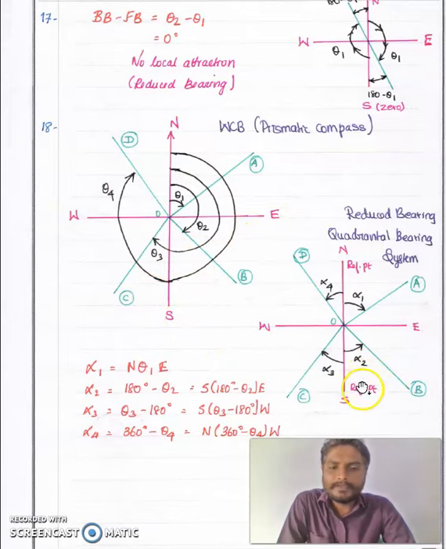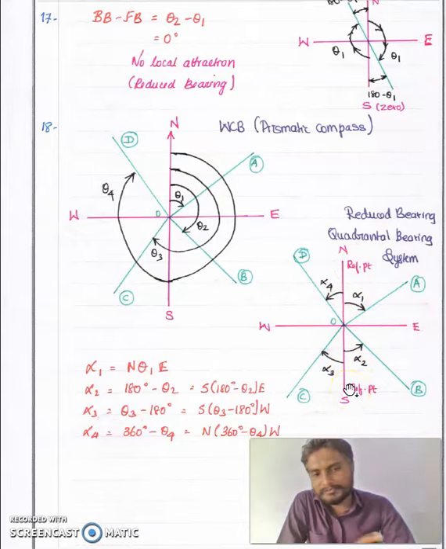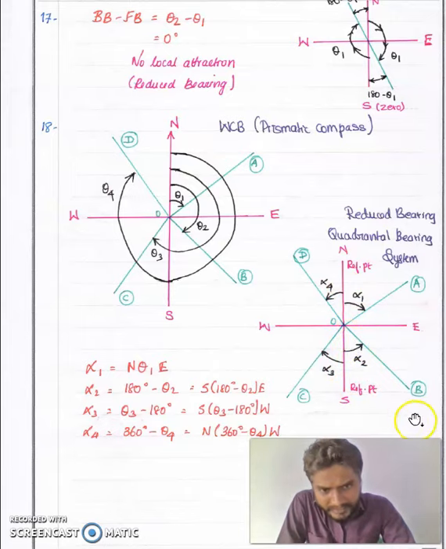Hence, we have to consider south as the reference. As per the quadrantal bearing system, north as well as south may be considered as the reference point. For survey line B, with respect to south, this is alpha 2, but we don't know how to find alpha 2. So now I explain how to take alpha 2.